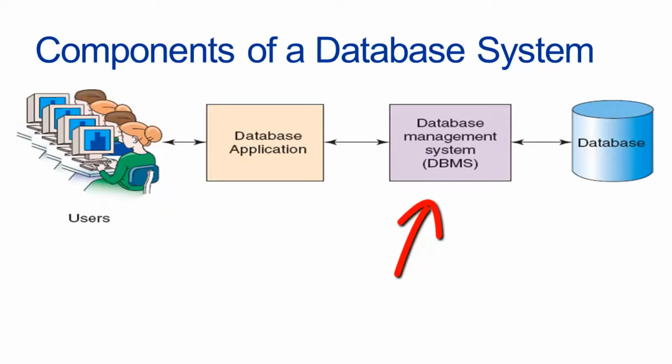We do not allow our users or our database applications to directly access the data in the database. To work with the data, to access those data, database applications must go through the database management system. And then finally, far over on the right side of our screen, we see the database itself. And this is where we actually store the raw data in their separate tables.